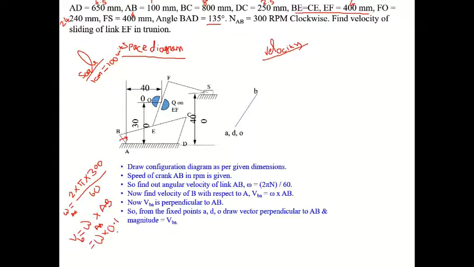So the omega value will be 31.7 radian per second.